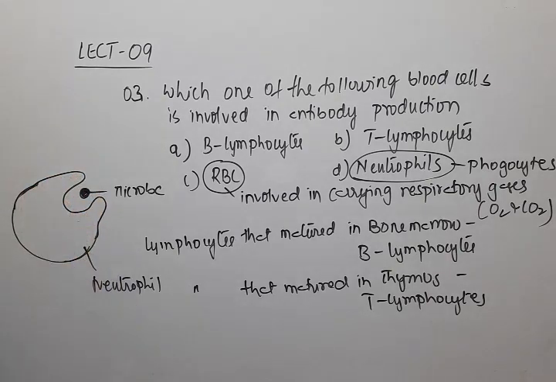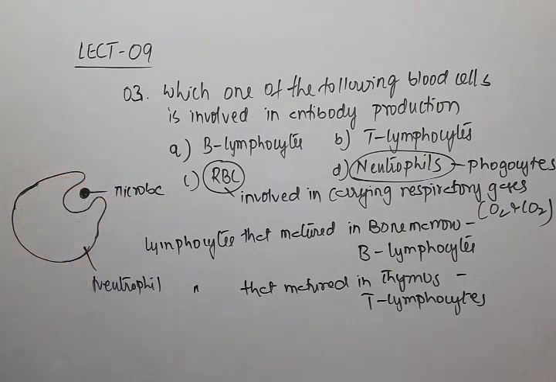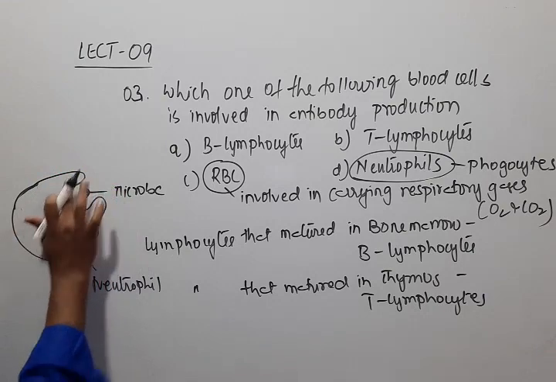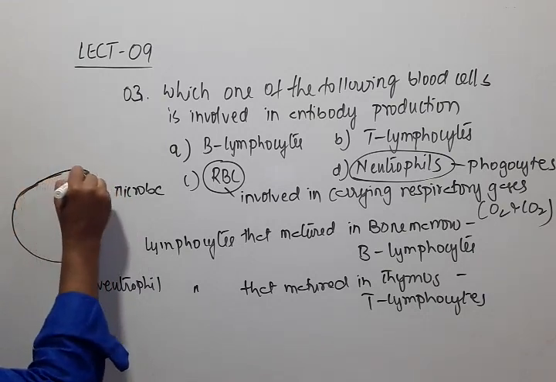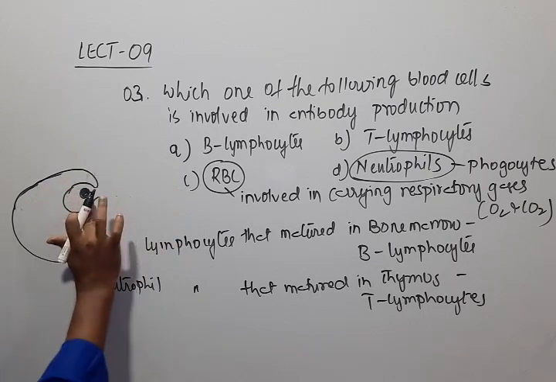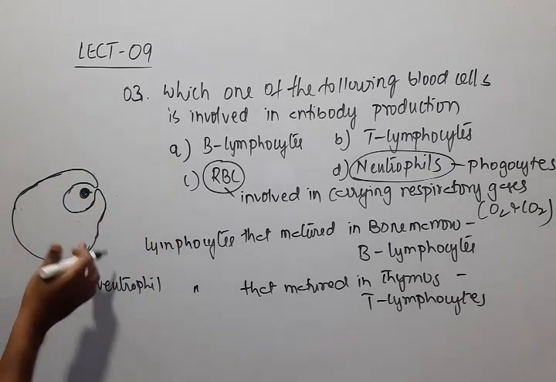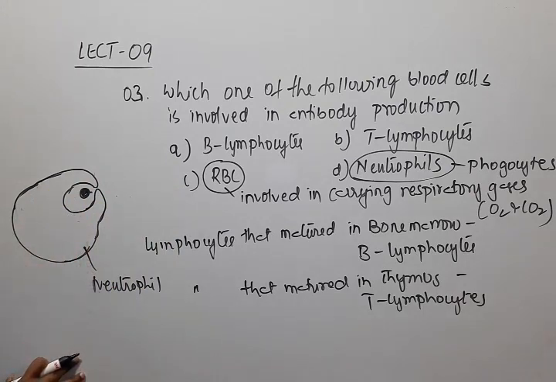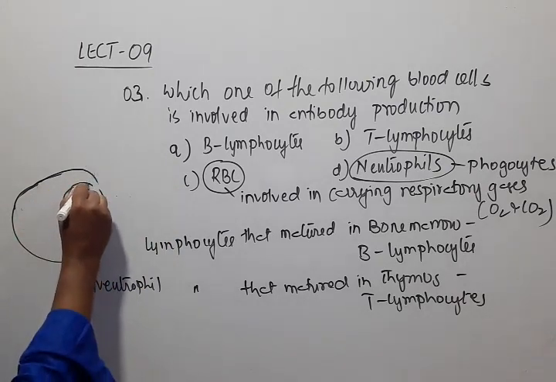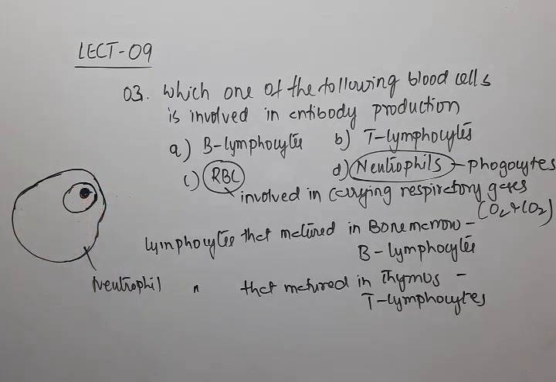It extends the pseudopodia and engulfs that microbe, and finally the pseudopodia merge at a point, almost engulfing the microbe, and result in forming a food vacuole inside.